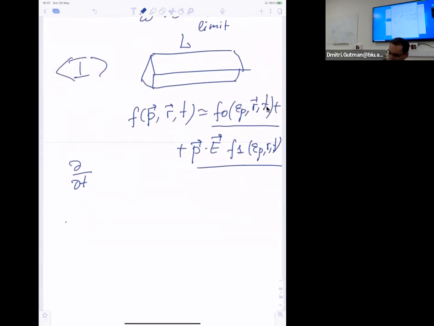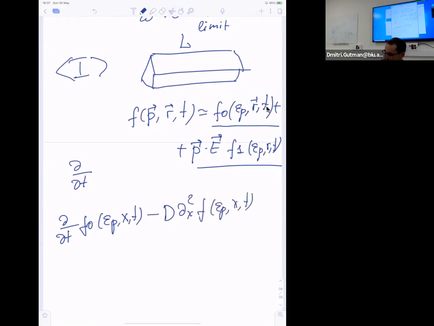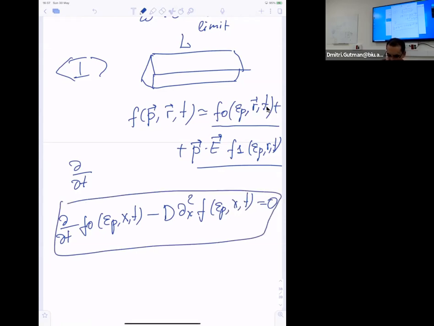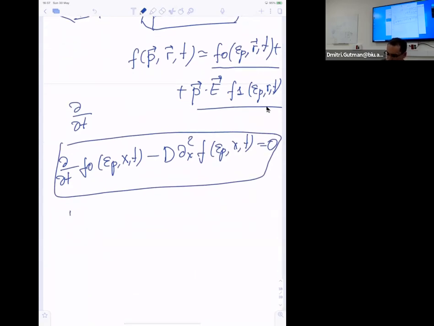And then we could show that the lowest harmonic satisfies the diffusion equation. And the electric current density was the integral over the energy of the gradient of this function.